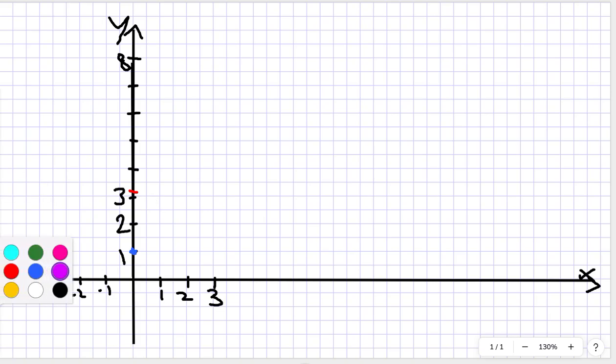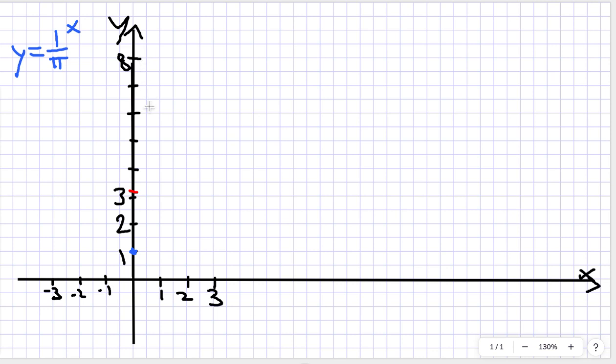If I have y equals 1 over pi to the x, let's do some math on that. Actually, let's start with a different one. Let's do y equals a half power to the x. Maybe for you guys to get the idea.